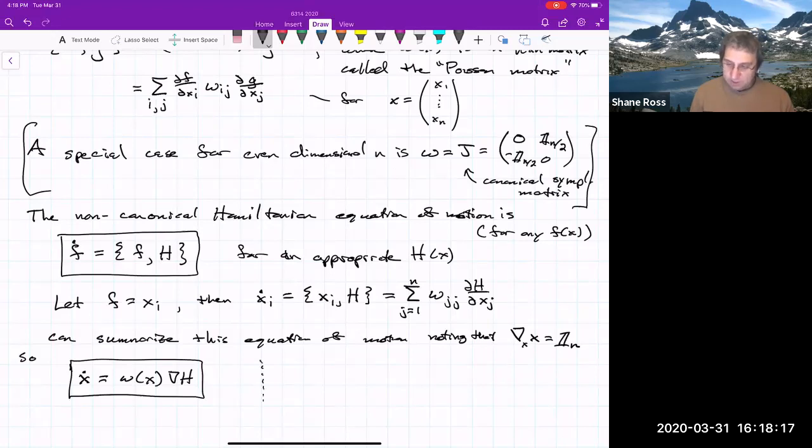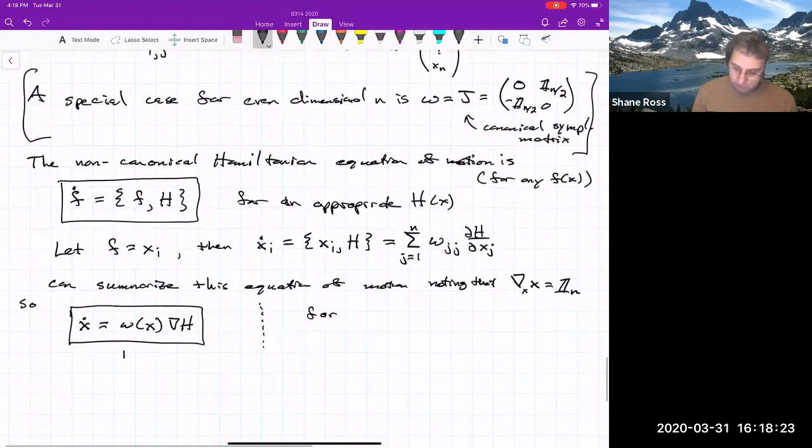And then just to remind us, in general this Poisson matrix does depend on x.